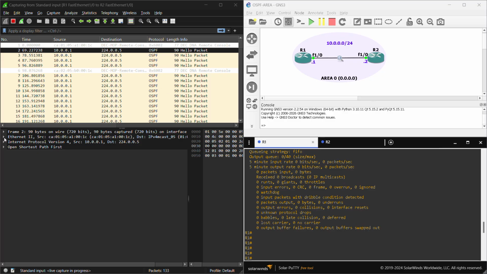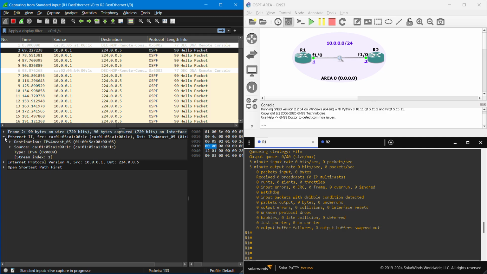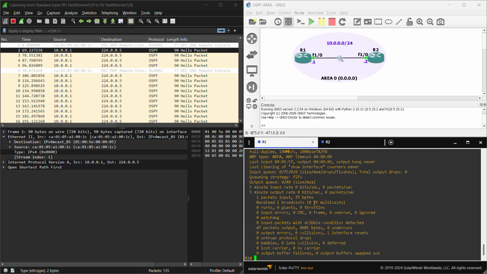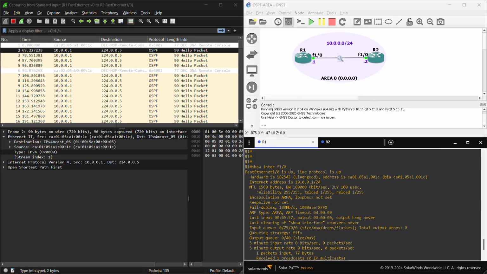Now, the very first thing, let's see the Ethernet field. This is the source MAC of our R1. How to verify this? We'll use the command show interface and then the interface name. As you can see, the address that we are using is this.